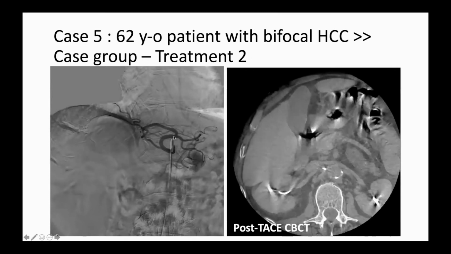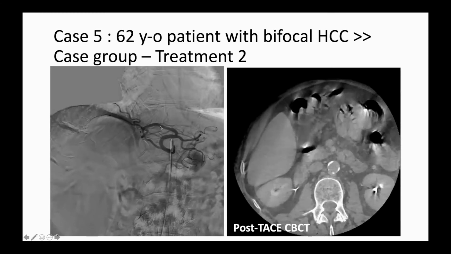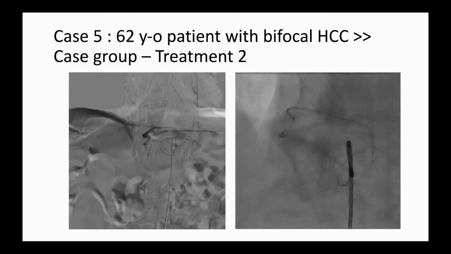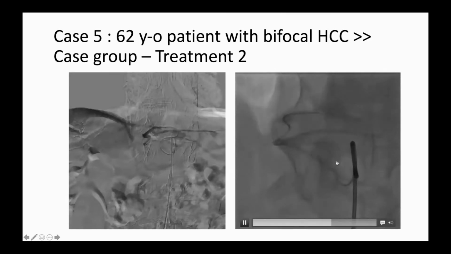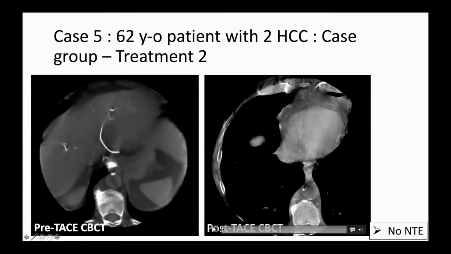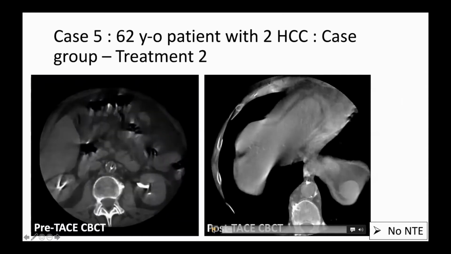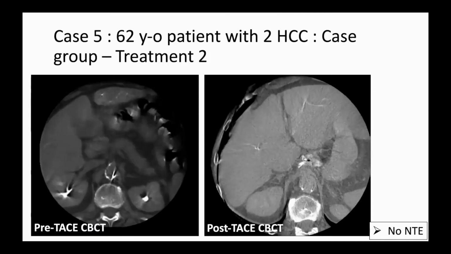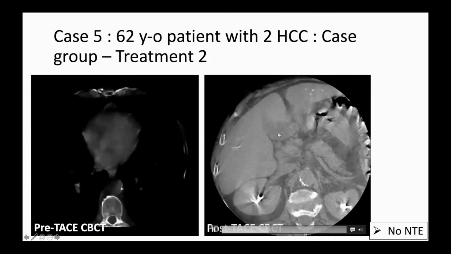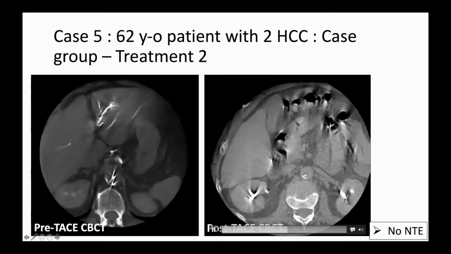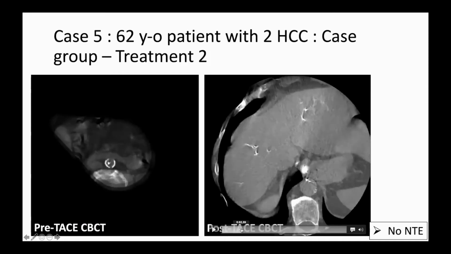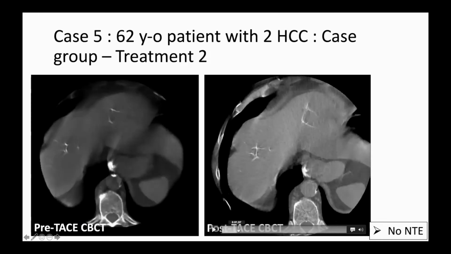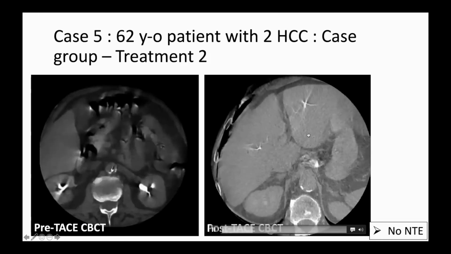This left hepatic artery arises from the left gastric artery. So we went hyperselectively into this feeding artery. Here are the two arteries. And when we controlled, we didn't have non-target embolization, and we spared segment 2. Here you can see that there are no beads into segment 2.